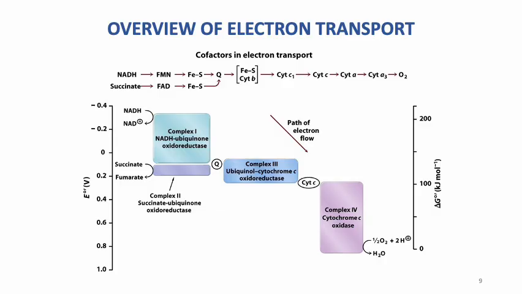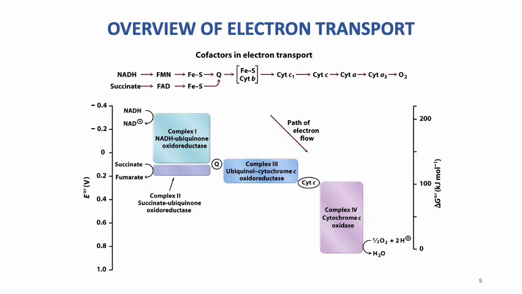Now, what happens in these complexes? These complexes receive the electrons from either NADH or succinate, as you see here. Let us start with NADH. Complex 1 receives the electrons from NADH. These electrons will pass through a series of carriers that are present in this complex, and then they will eventually reach Q, which will be reduced to QH2, and it will deliver the electrons to the next complex, which is complex 3.